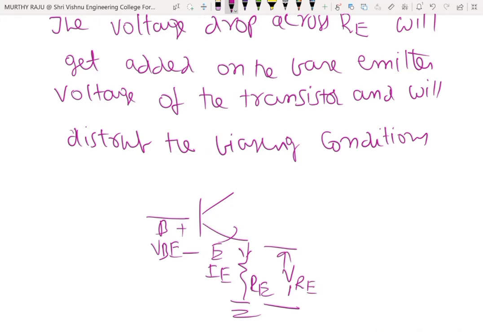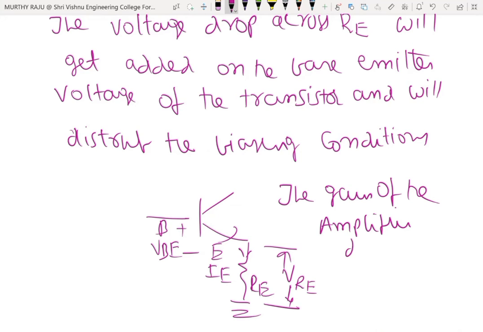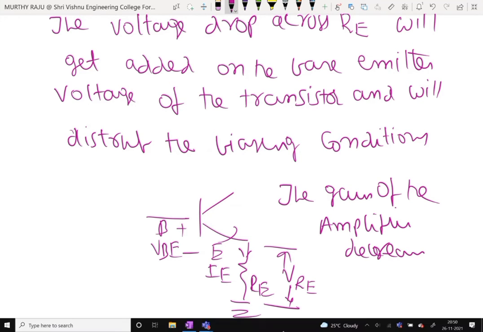That voltage drop VRE is added to VBE and disturbs the biasing conditions of the transistor, and also RE acts as a feedback element. Due to that feedback effect, the gain of the amplifier decreases. That is the reason an emitter bypass capacitor is necessary across RE.